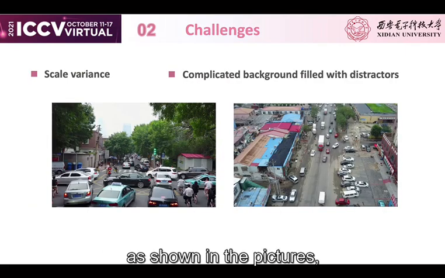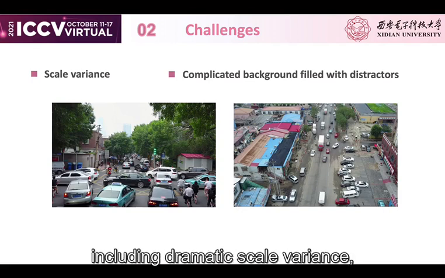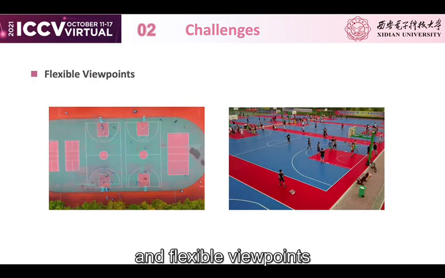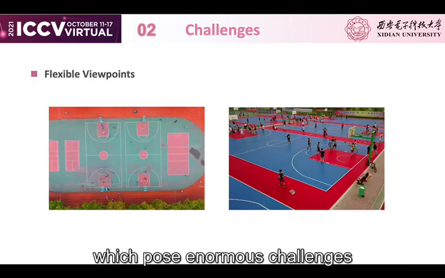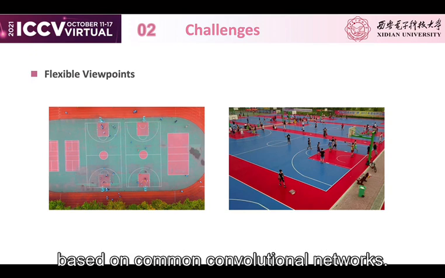However, as shown in the pictures, drone-captured images have overwhelming characteristics, including dramatic scale variance, complicated background filled with distractors, and flexible viewpoints, which pose enormous challenges for general object detectors based on common convolutional networks.